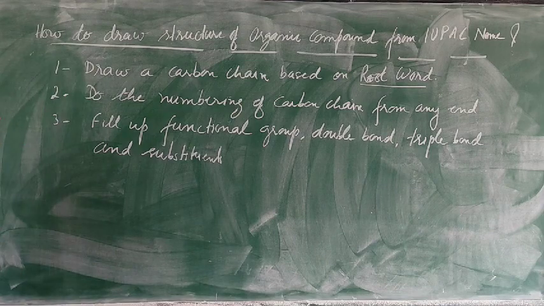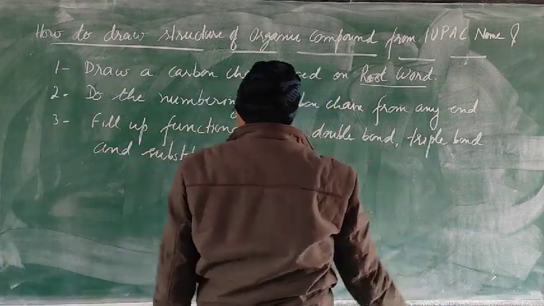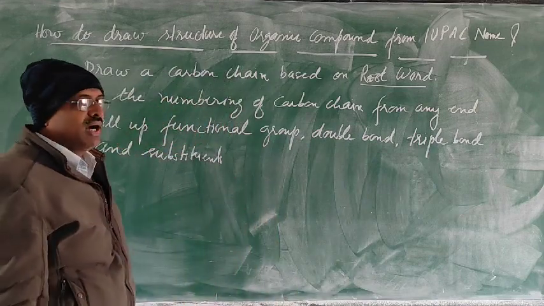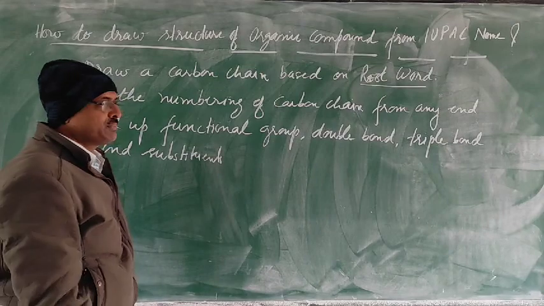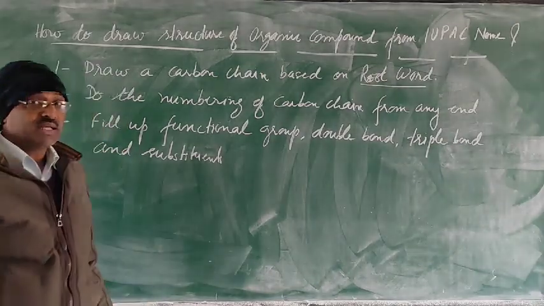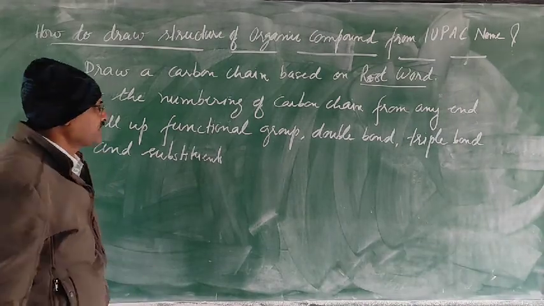Just see on which position the functional group is present, and on that position you can put the functional group. Just see on which position the double bond is given, and you can fill up the double bond like this.